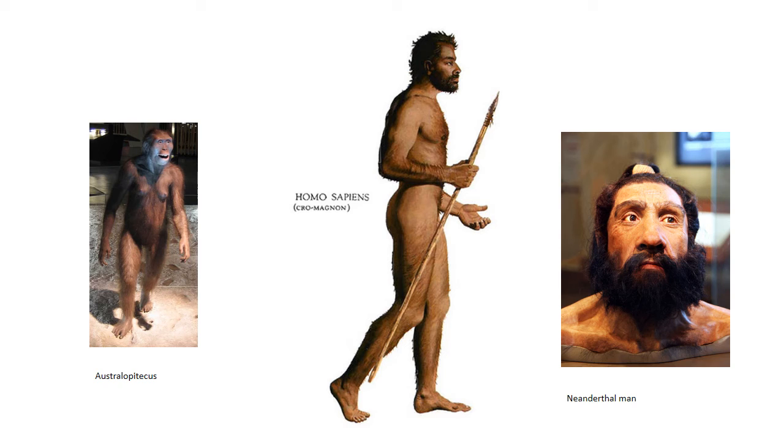There were no other links between this kind of Homo sapiens and us. But at about the same time, in Germany, in the valley of the Neander River, Neanderthal in German, another box of fossils was discovered, and these fossils also qualify as remains of Homo sapiens, but they were different.